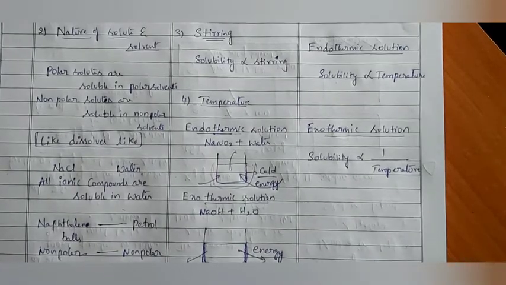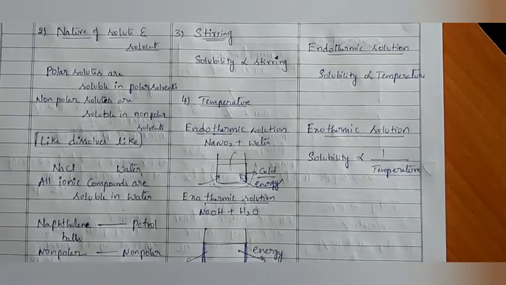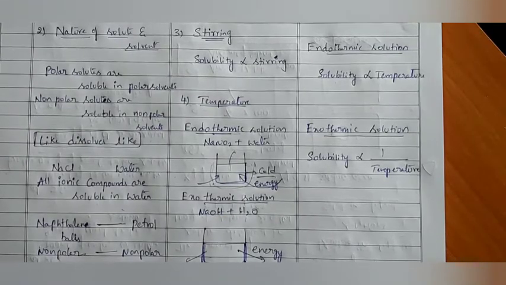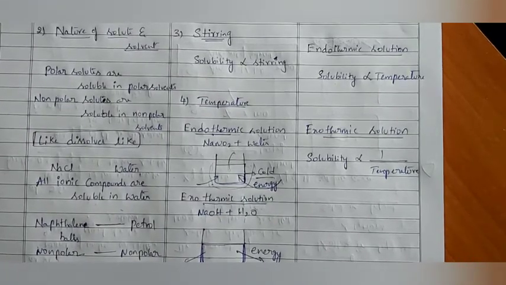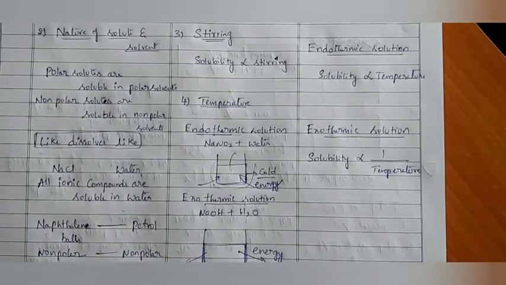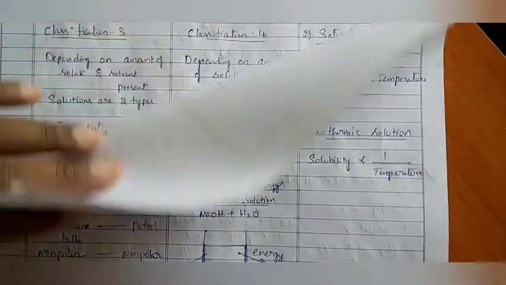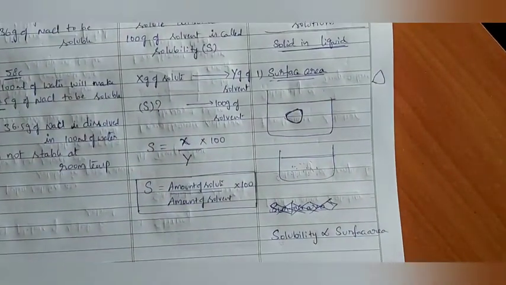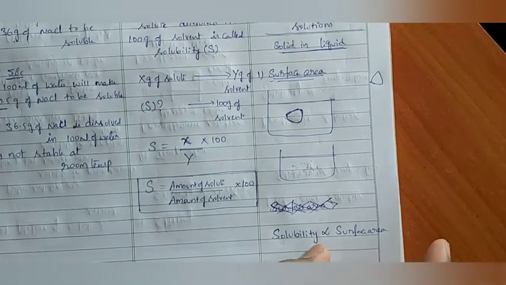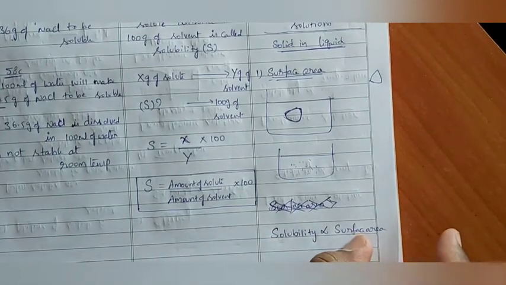Once again, we will see the factors affecting solubility of solids in liquid solutions. Already we have seen four factors till now. First one, surface area. By increasing surface area, solubility also increases, so solubility is directly proportional to surface area.